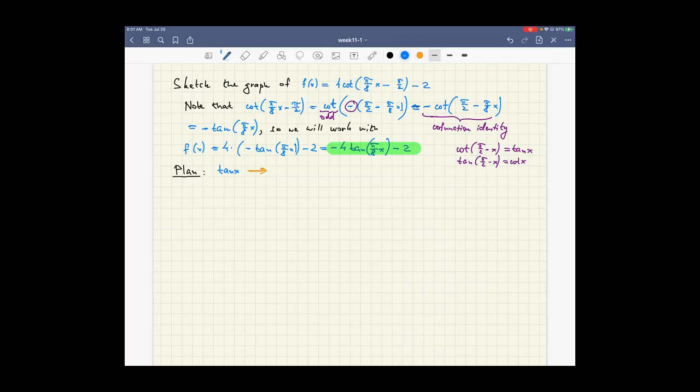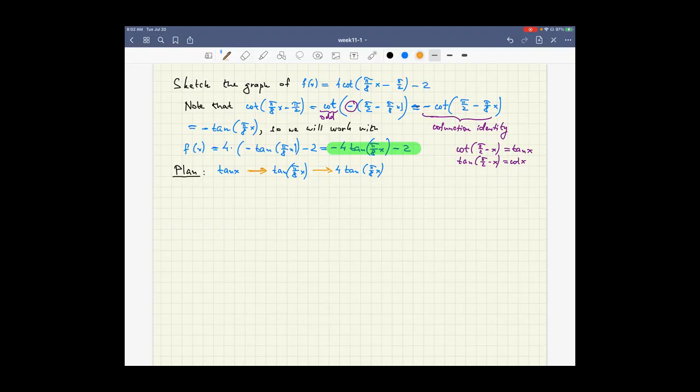We'll see which one. That'll give us the graph of tangent of pi over 8 times x. Then we will perform a vertical stretch to get 4 times tangent of pi over 8 x.